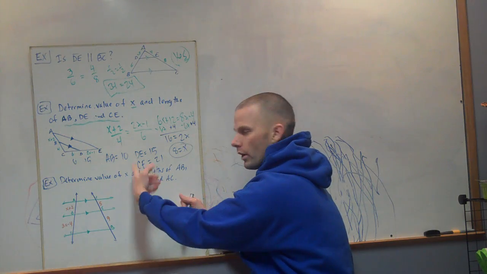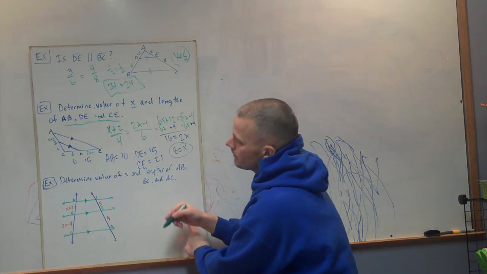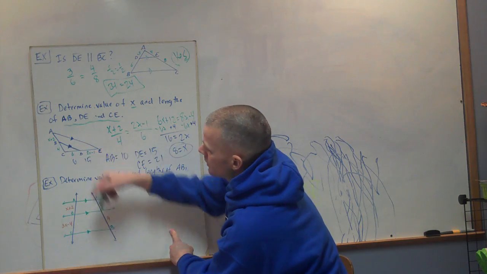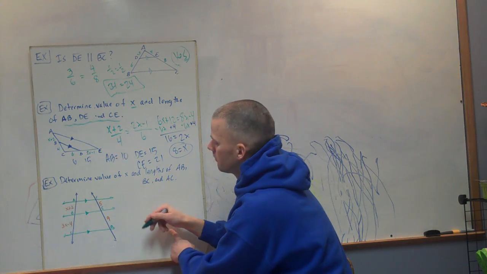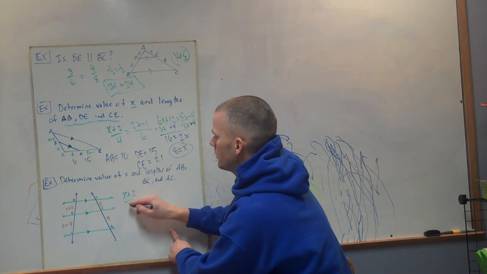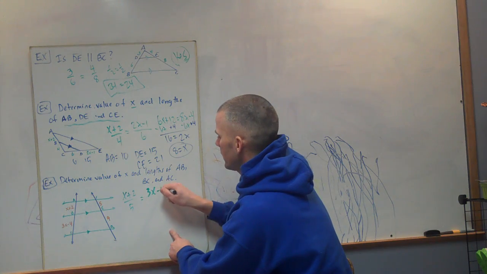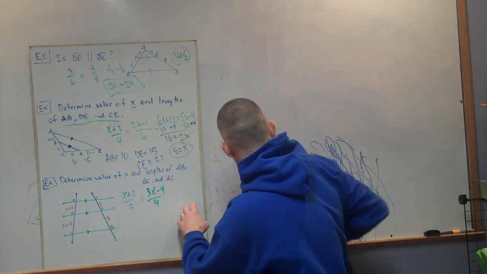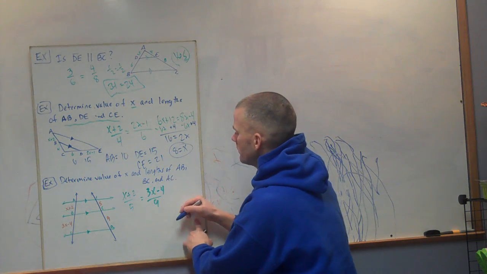Again, we want to determine the value of x and find the lengths of a couple segments. I'm going to set this one up a little differently. Here I've been comparing the same size to each other. I'm going to go left to right instead of top, bottom. So I'm going to go x plus 2 to 5 equals 3x minus 4 to 9. Go back to the blue marker.